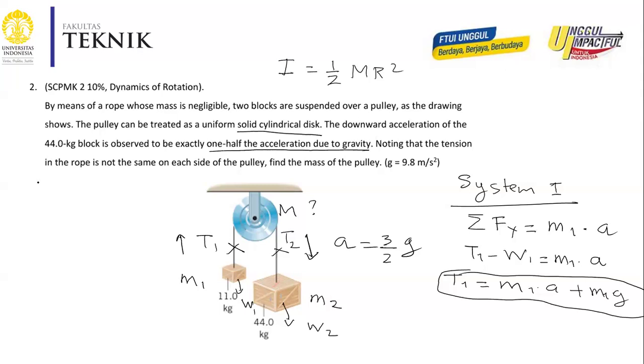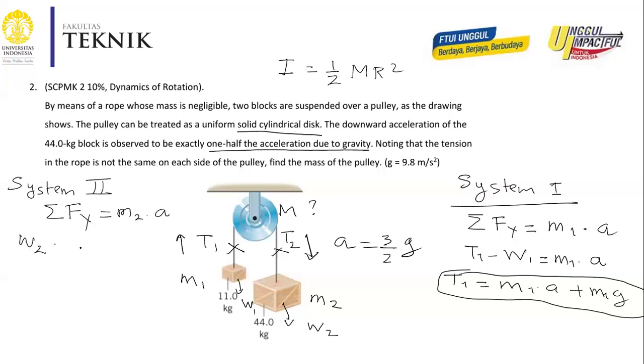We can set, for example, system 2. System 2 is downward, so the total force on the y-axis of the second system is equal to mass 2 times the acceleration A. Because mass 2 is downward, this one is W2.